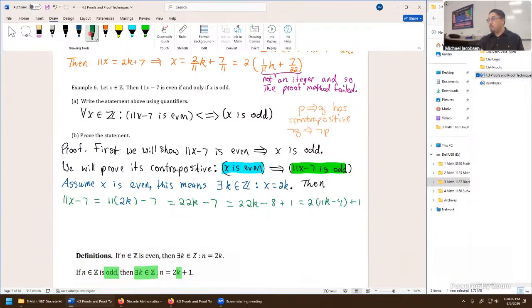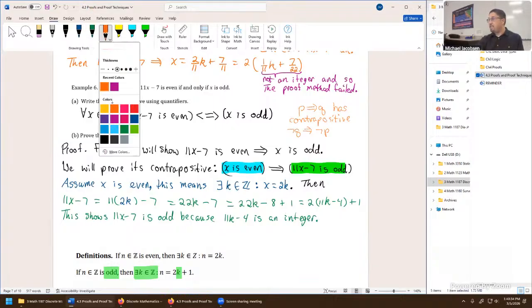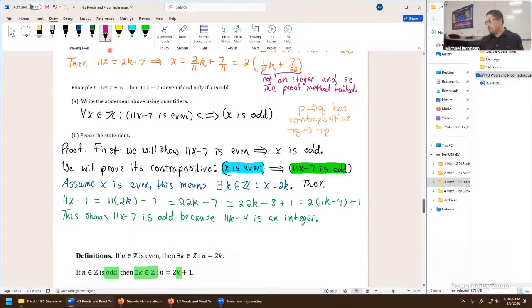So we can now conclude this shows 11x minus 7 is odd because 11k minus 4 is an integer. It's in the set Z, in other words. So this whole statement right here, exists an integer, is what we were saying for this part.